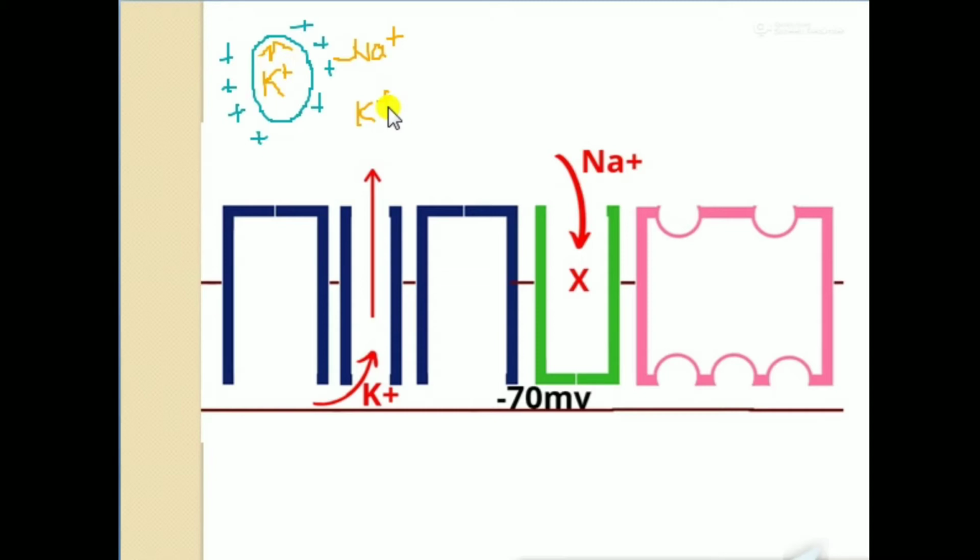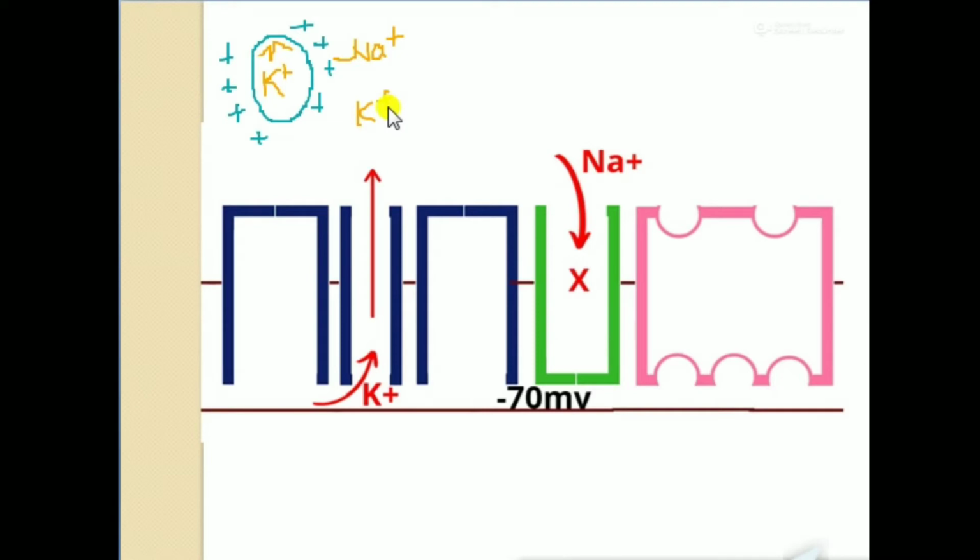But we need to know that sodium is also present inside the cell, just at low concentration. Sodium is not totally absent inside the cell. Likewise, the concentration of potassium is lower outside, but it is also present outside in a very small amount.